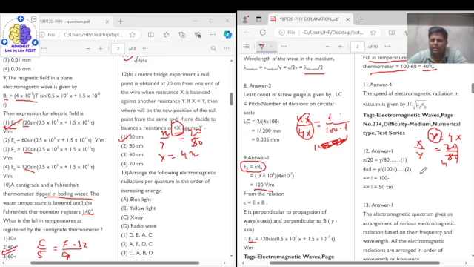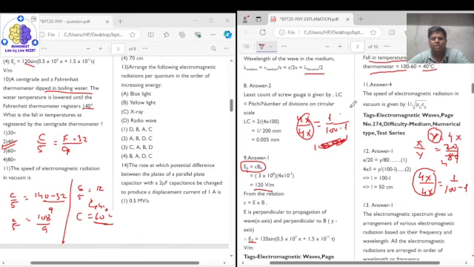So the second case is 4X upon Y, and in place of Y we write 4X, equal to L upon 100 minus L. Because both the resistances are the same, the null point will be at the midpoint of the wire, which is 50 centimeters. So your correct answer for question number 12 is option 1, that is 50 centimeters.